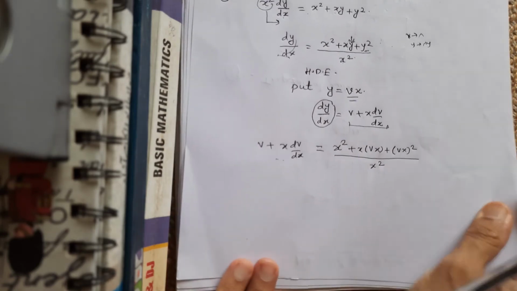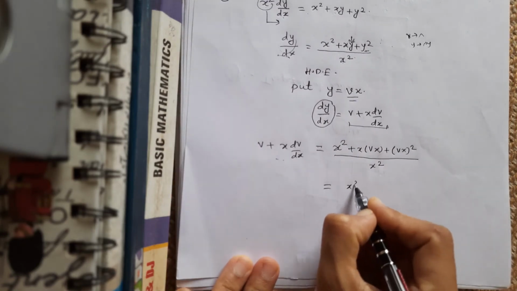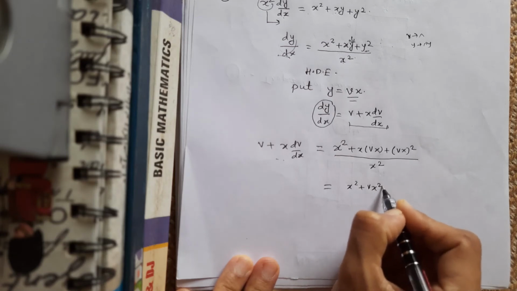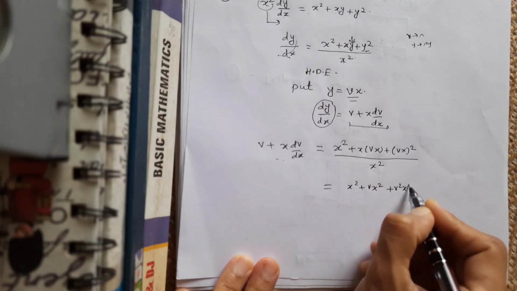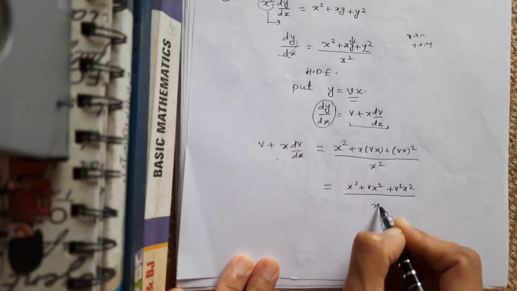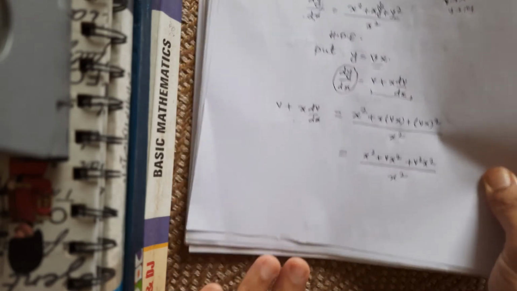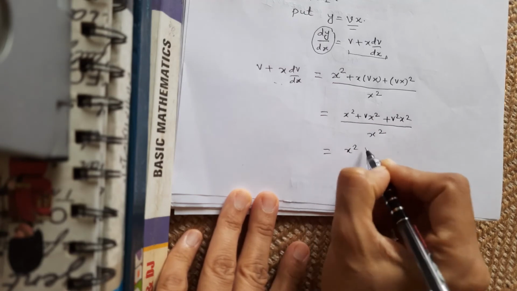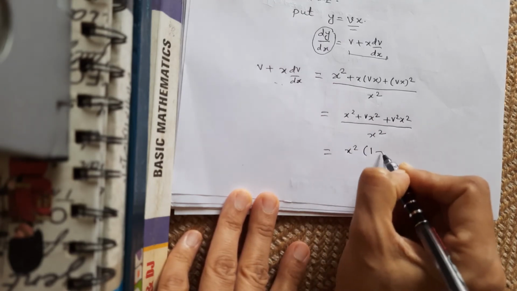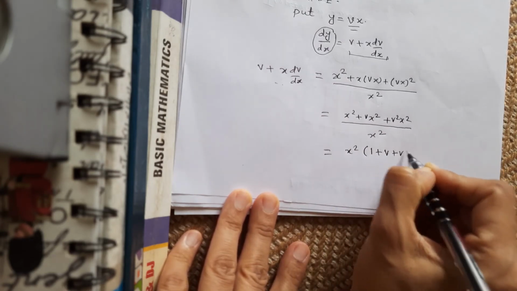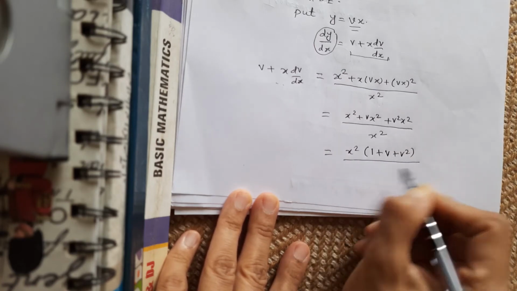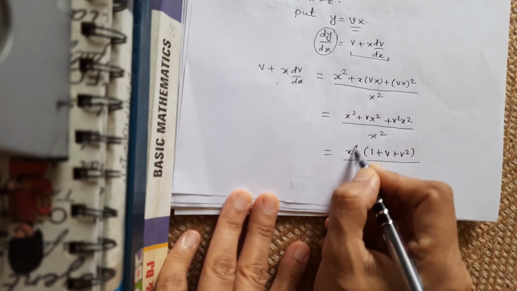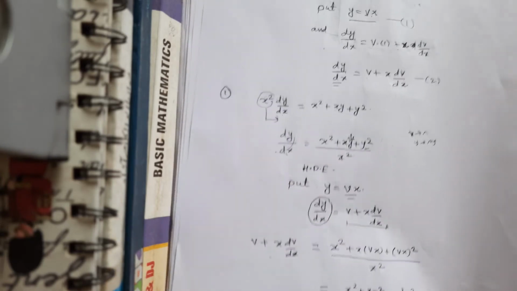Now what do I get? x square plus vx square plus v square x square upon x square. Now I am taking x square common. What will I get? x square into 1 plus v square upon x square. This gets cancelled.